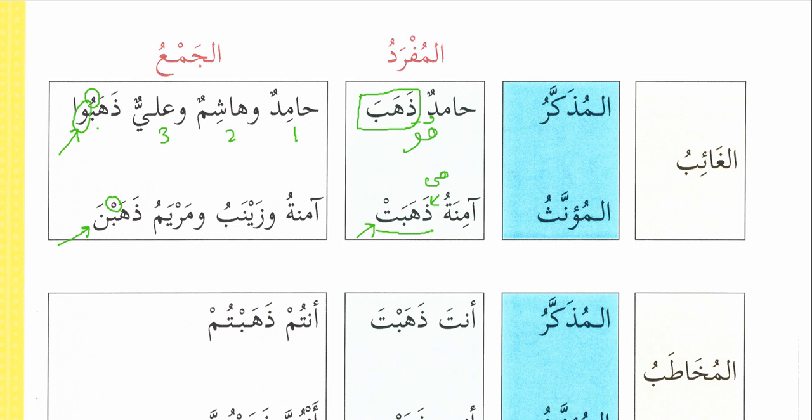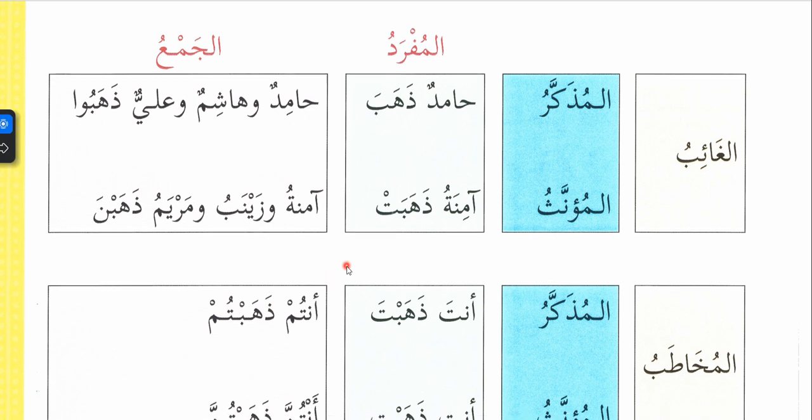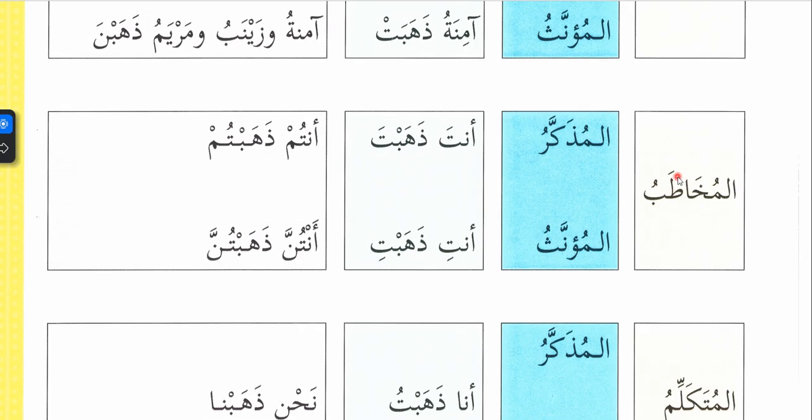So now let's go and see the mukhatib ones. In mukhatib, we have mudhakkar singular and feminine singular, and we have male and female plural. So for anta, we have dhahabta. As I told you, in mutakallim and mukhatib, we have the same structure, dhahab.